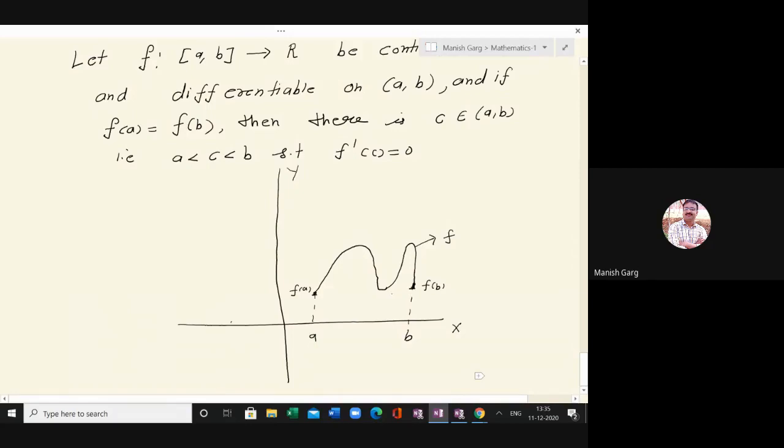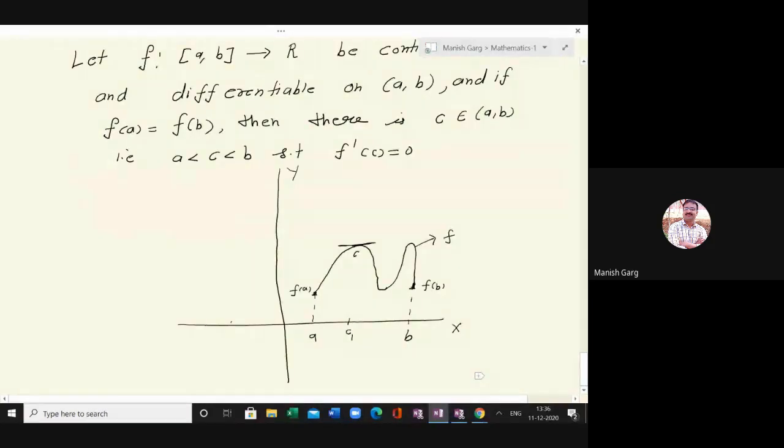Now if f(a) is equal to f(b), there exists a point c between a and b, this is c1, such that f dash c is equal to 0.